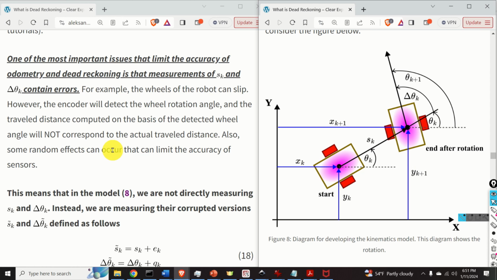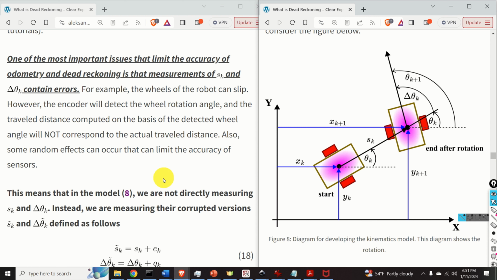One of the most important issues that limit the accuracy of odometry and dead reckoning is that measurements of sk and delta theta k contain errors. For example, the wheels of the robot can slip. However, the encoder will detect the wheel rotation angle, and the travel distance computed on the basis of the detected wheel angle will not correspond to the actual travel distance.